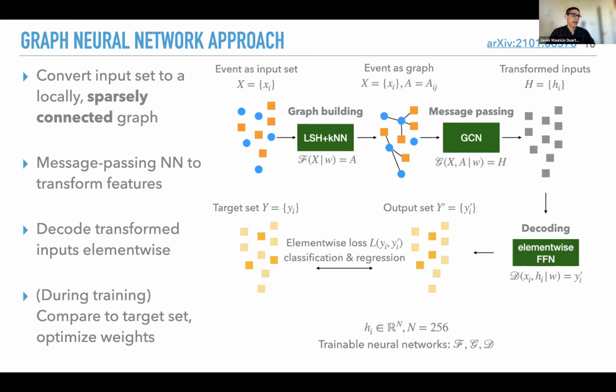That's correct. The input is only nodes, and then the edges are constructed dynamically. It's a good question as to how many edges are constructed. I'm actually not sure, but the point is it's not n squared. It's much less than n squared. Okay, I see. Thank you.